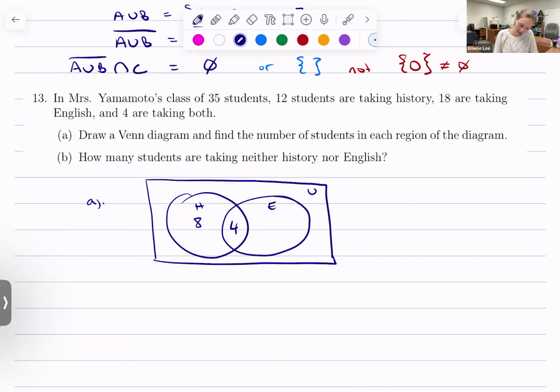And 18 are taking English. Now, 18 is the total E circle, which means that 14 are taking only English.